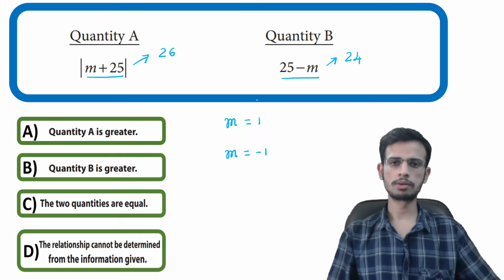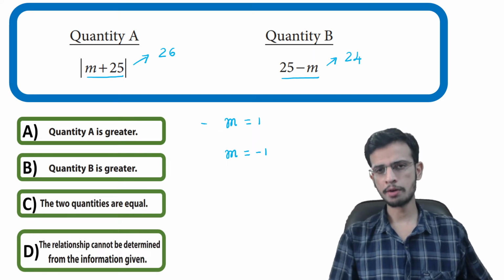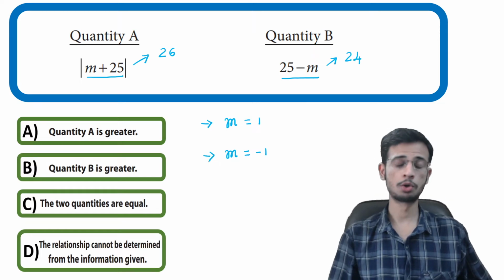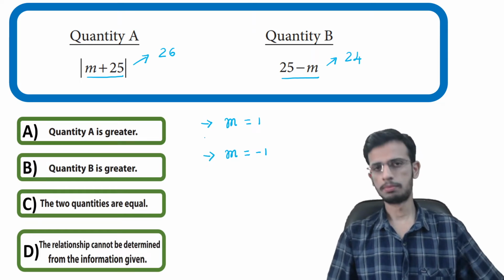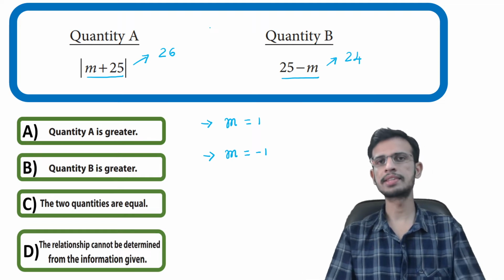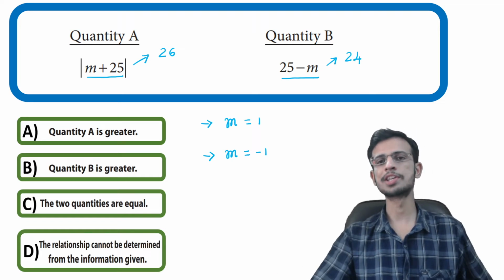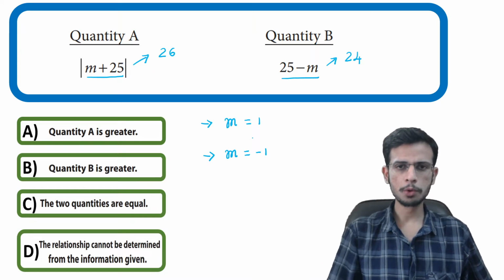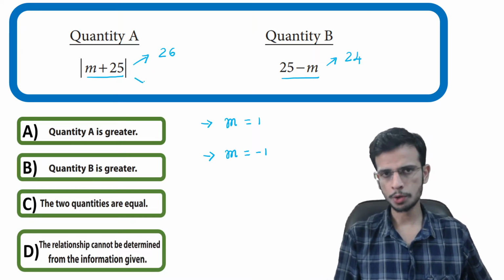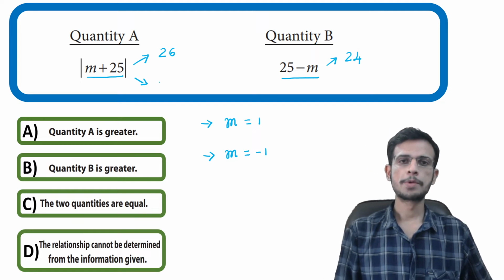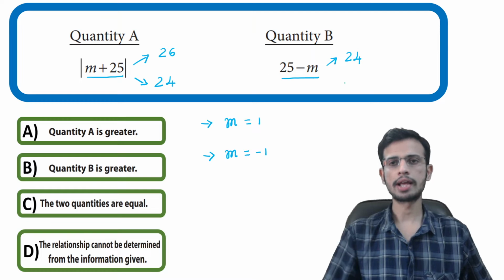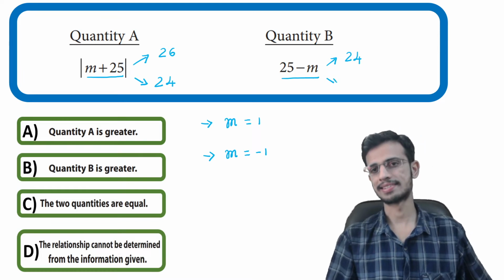But wait for the second case as well. You have to consider positive values of m and negative values of m. You also have to go for m equal to 0, because nothing is mentioned. If they mention that m is greater than 0, then you just have to go for positive values of m. But if you put m equal to minus 1, you will get 24 here and 26 there.